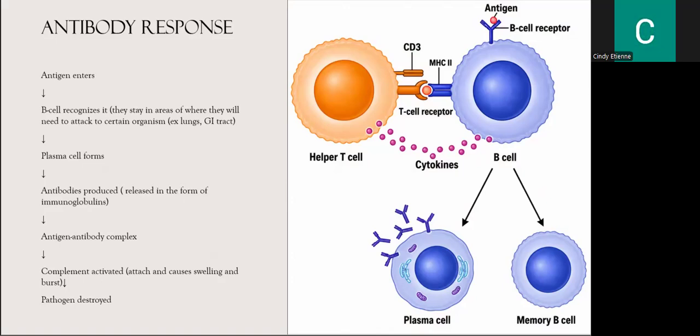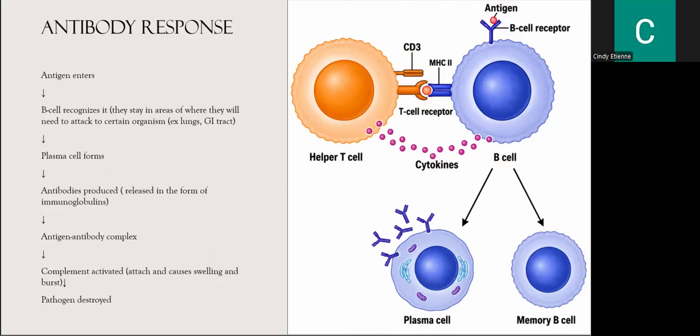Plasma cells produce antibodies, also called immunoglobulins, that circulate through the blood and body fluids. These antibodies bind specifically to the antigen, forming an antigen-antibody complex, much like a lock and key. This complex activates the complement system, a group of proteins already circulating in the body. The complement proteins attach to the pathogen, punch holes into it, especially into its outer membrane, and attract additional white blood cells to help destroy it.